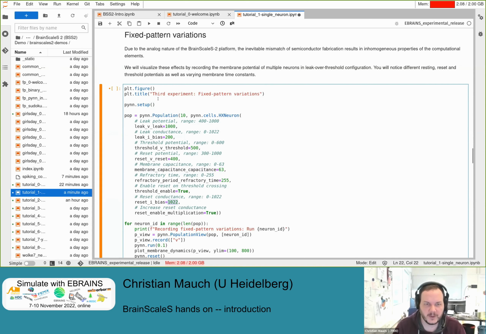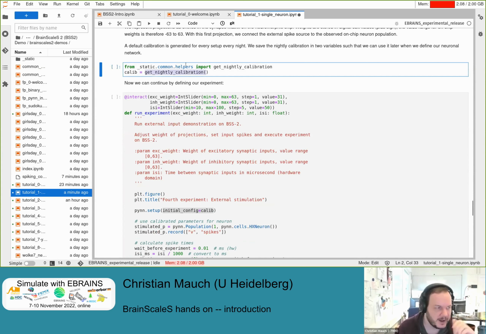This is one thing that you can specify as a target in the calibration, but in this tutorial we don't present how you can run this calibration. We just take this one defined magic calibration that is run nightly. But you could run your own calibration where you specify your membrane time constant or other things. Sadly, we don't have the example handy right now.